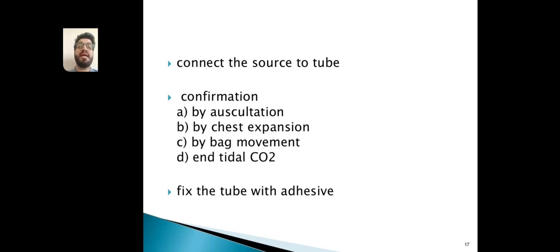If there is a graph showing that the carbon dioxide is being expired, that means we are inside the trachea. And once all the confirmations are done and we are sure that the tube is in its proper place, we fix the tube with adhesive, or we can use other methods. Mostly we use adhesive for fixing the tube.